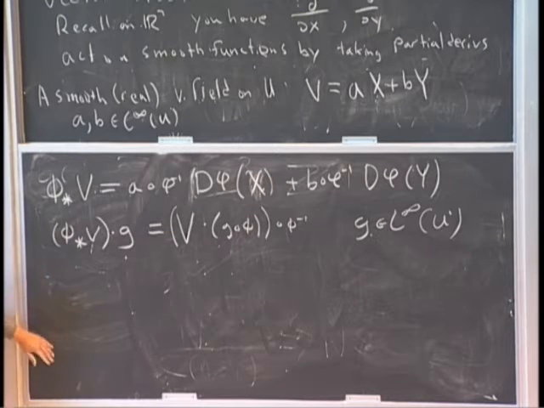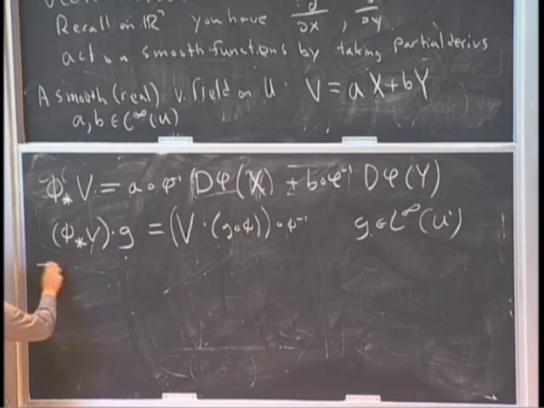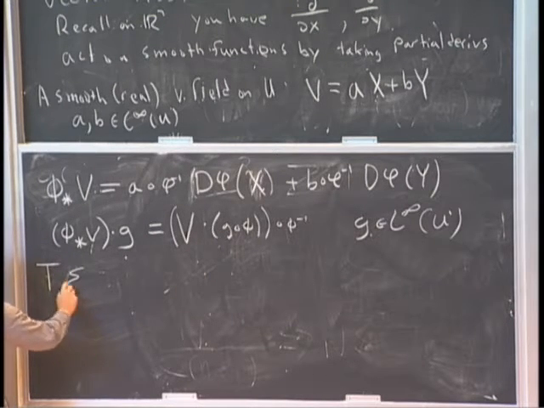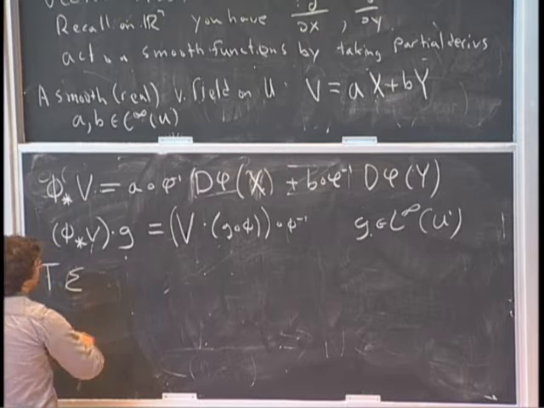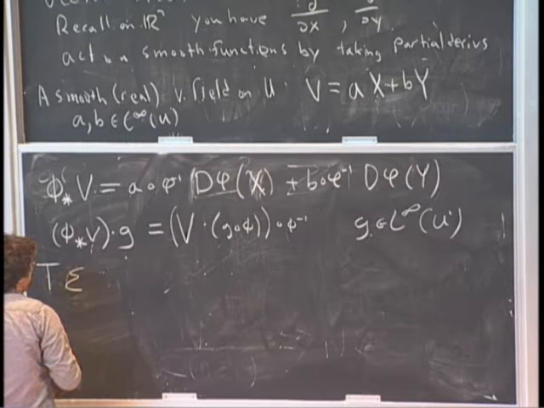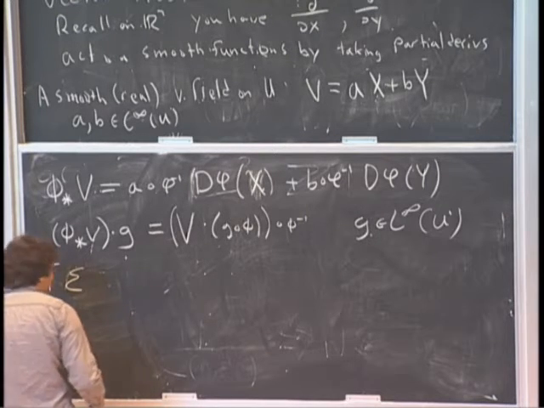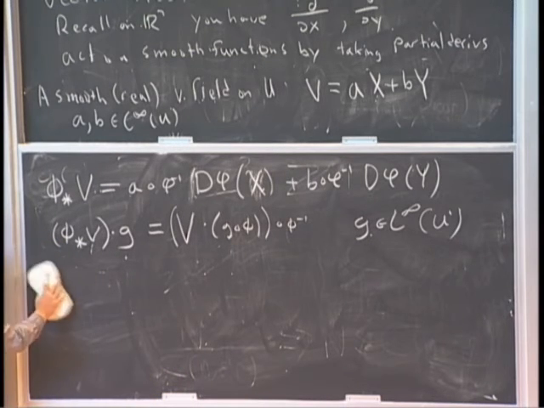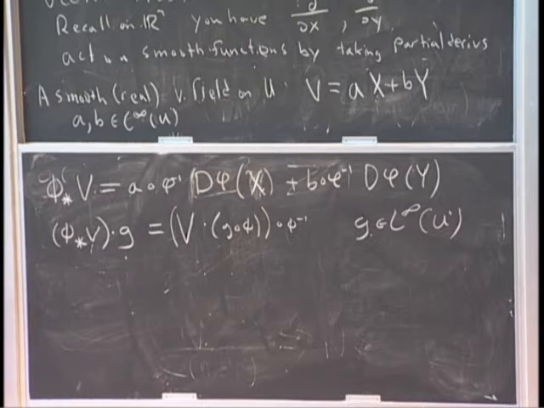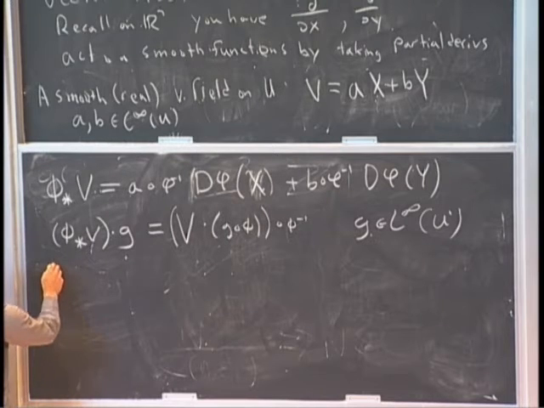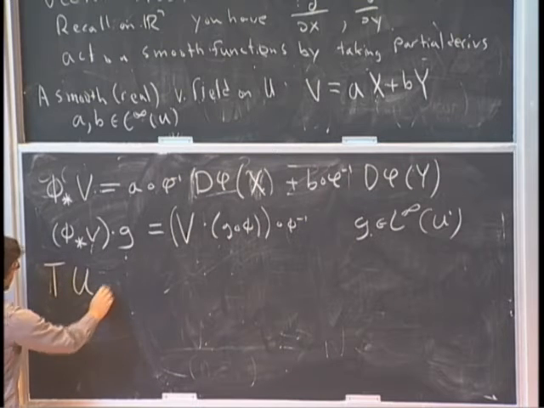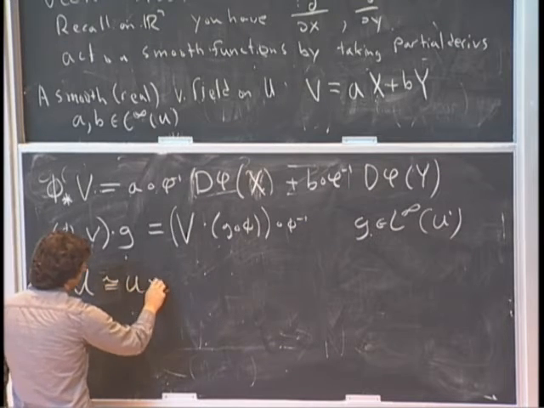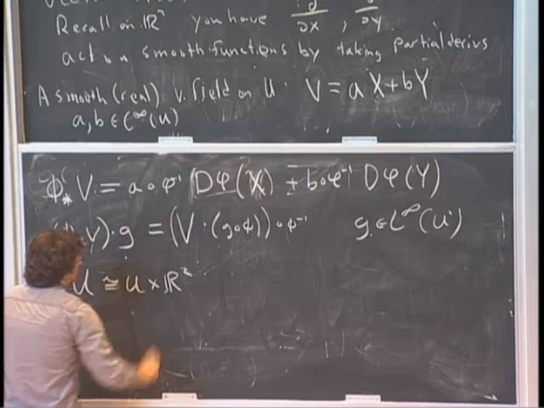So then the tangent bundle of a surface sigma, this allows us to talk about the tangent bundle of a surface sigma. So the space of all these vector fields on a U, the span of them, maybe you could call it the tangent bundle of U, which is just identified with U cross R2.